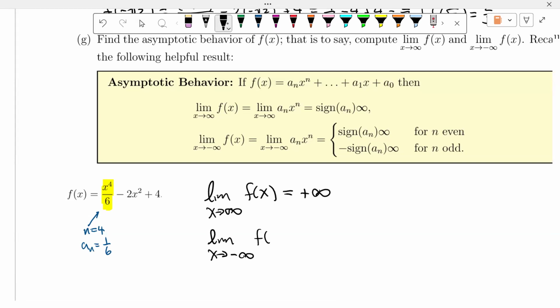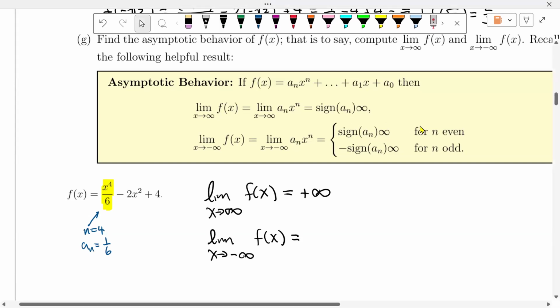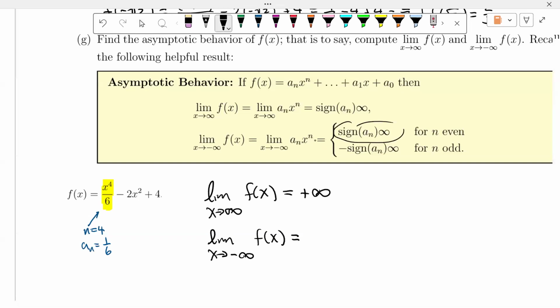When x goes to negative infinity, we have to look at what our n is. Is our n even or odd? In this case, 4 is even, right? So we are going to use this formula here for this problem. And our 1/6 is positive, and so when x goes to negative infinity, we get yet again a plus infinity.